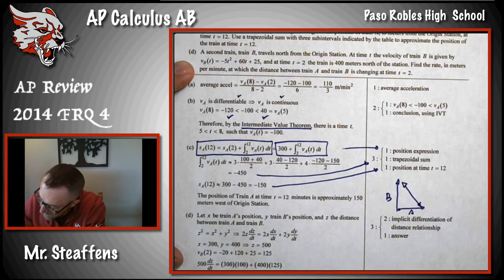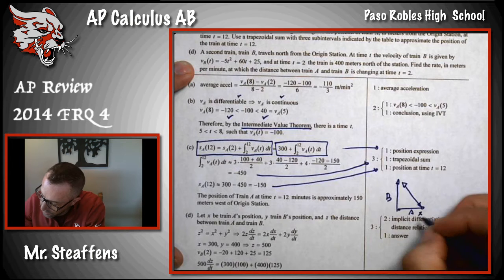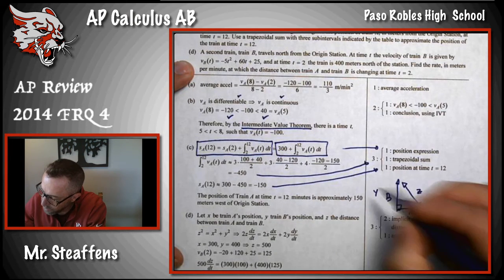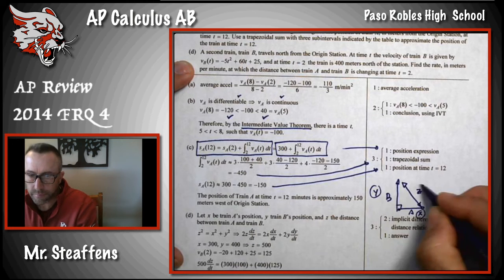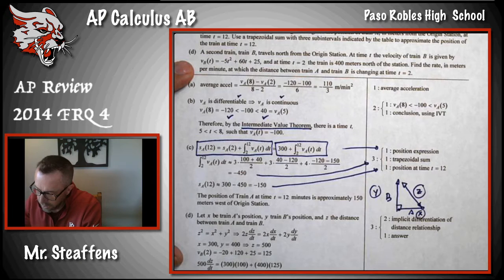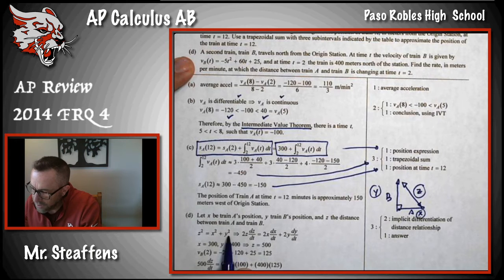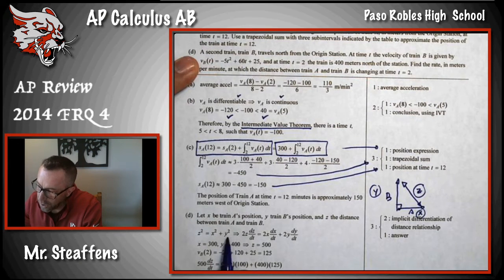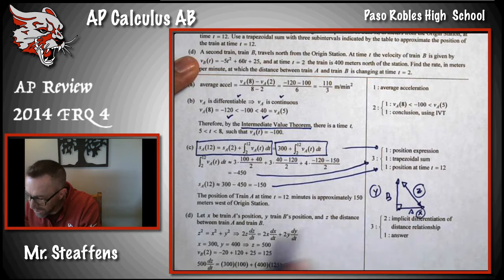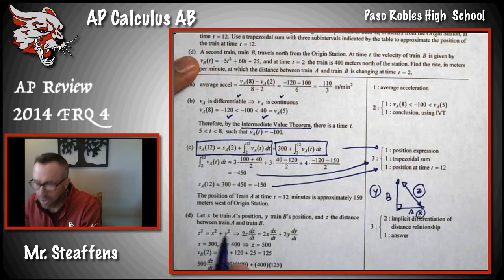So if this is X and this is Y, we're going to call this Z. We have a right triangle with X and Y and Z. And the relationship between those three is going to be what? Well, Z squared equals X squared plus Y squared, Pythagorean theorem. So if the positions are related like this, then when I find the derivative of this, I should be able to look at how fast each of those is changing.